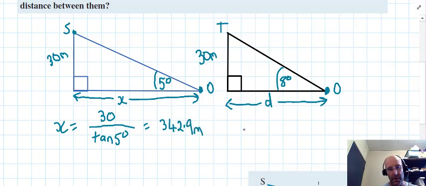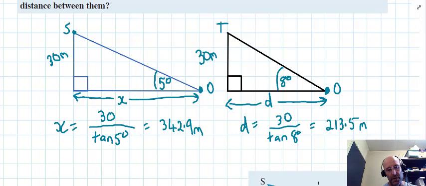Likewise, for the other diagram, we can use tan there as well. That will be 30 over tan of 8 degrees, and that all crunches to 213.5 meters. So they're horizontal distances. They're not at a slope.